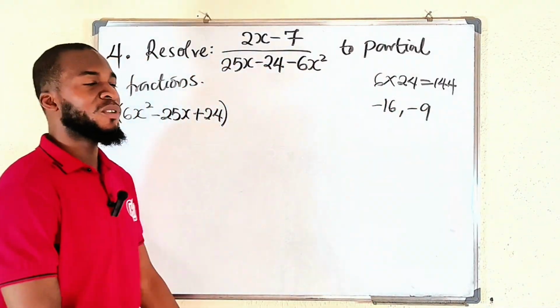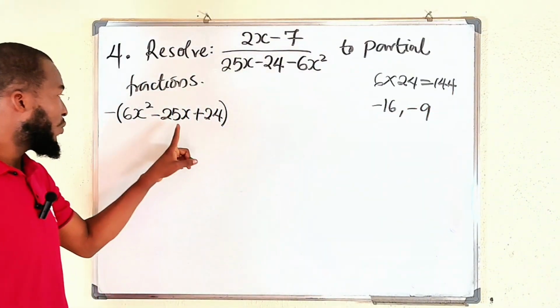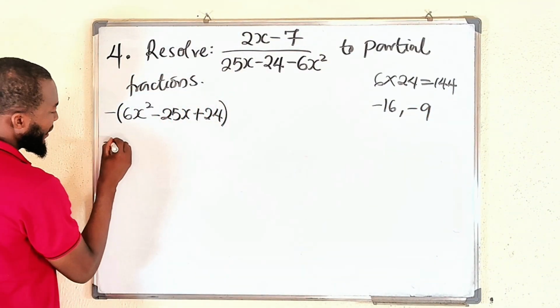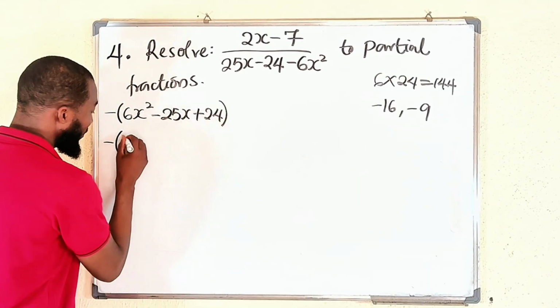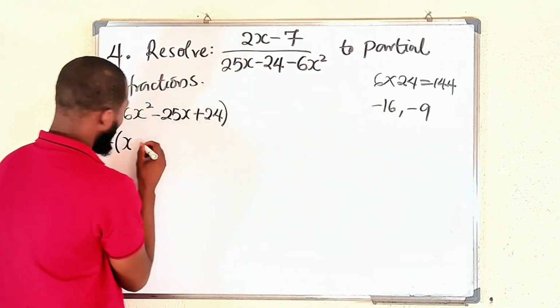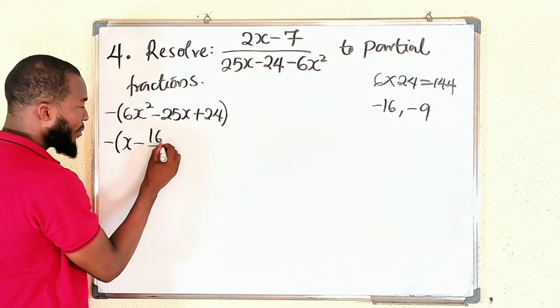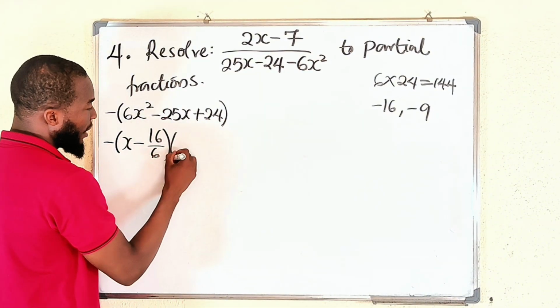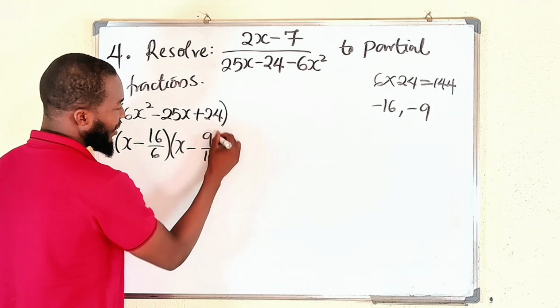Multiply them together, you get this. The moment you add them together, you get this. So we have negative x minus 16, but that 16 will have to be divided by the leading coefficient, remember. Then x minus the second one divided by the leading coefficient.